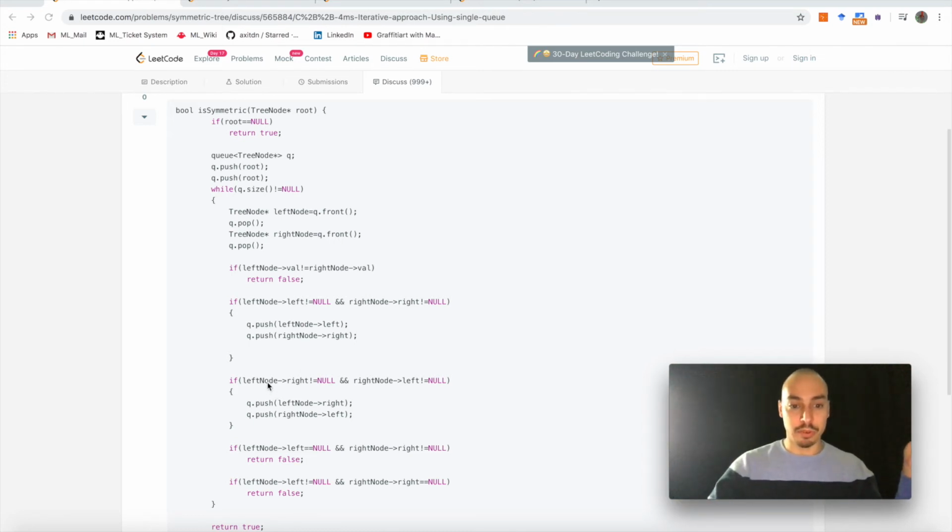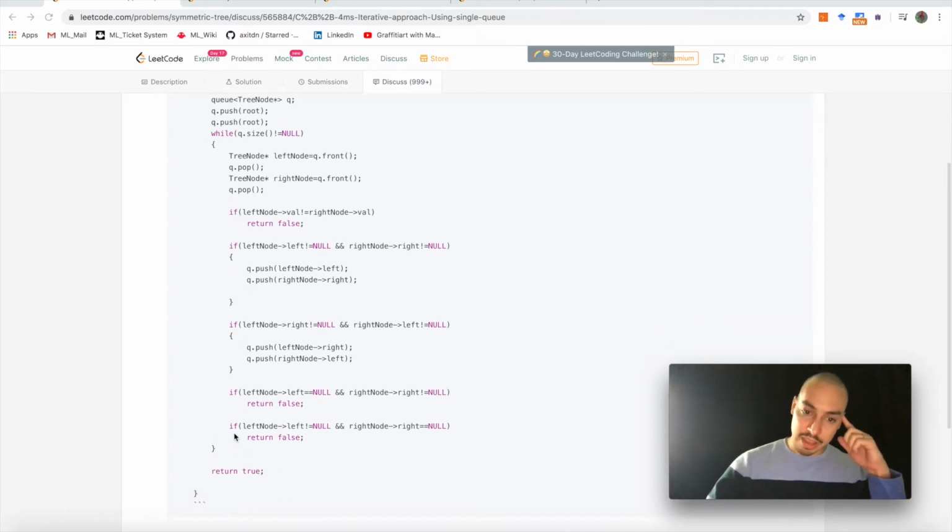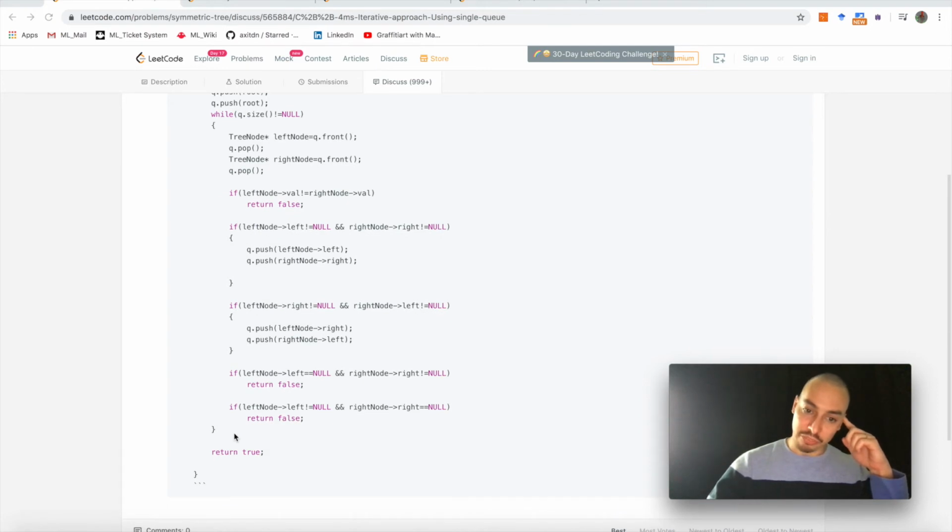The same goes for the left branch's right child and the right branch's left child, which is that part here. And finally, if only one of the kids is null, which is one of those corner cases, in that case you would have to return false.